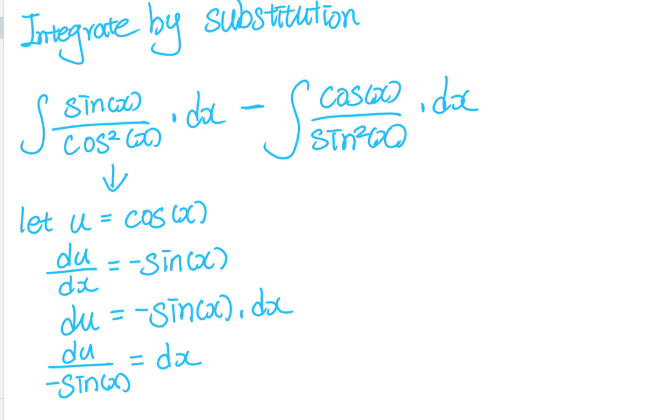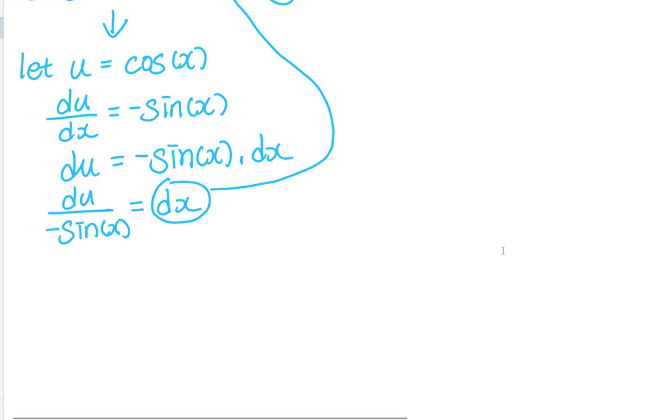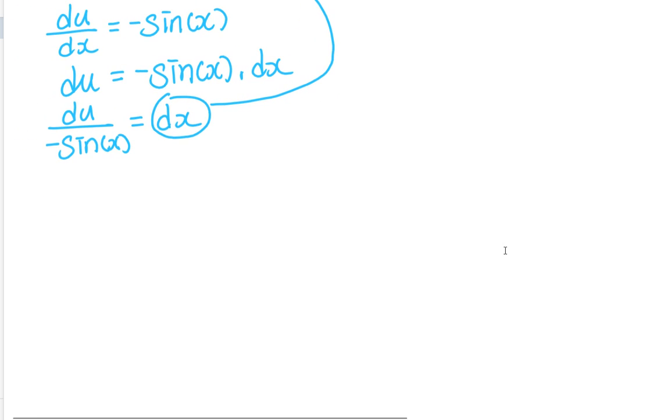Now we have an expression for dx, and let's substitute this expression back in here. That will give us the integral of sine x over, now normally down here is cos x all squared, right?